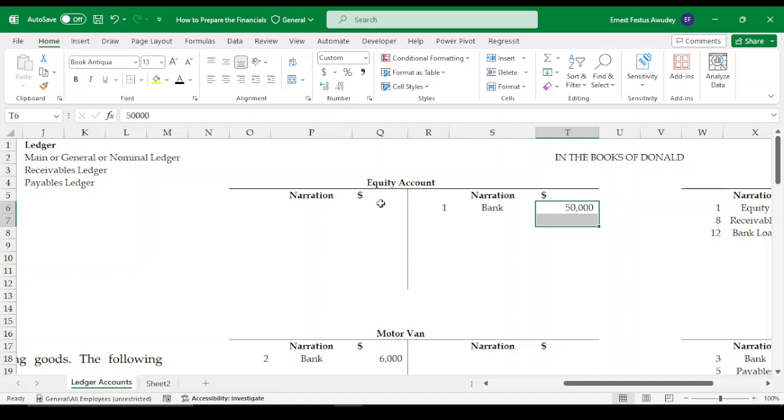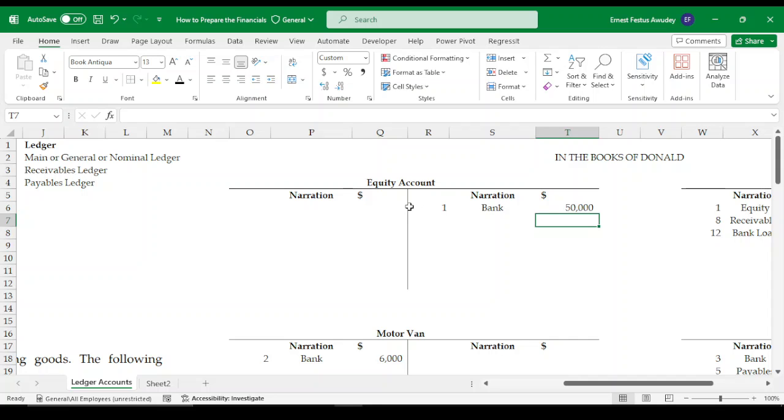So we'll calculate the total for our debit column, and we are talking about the amount columns only. We are going to calculate the total amount of the debit side and the total amount for the credit side. Then we are going to use the side with the highest total as the total for both sides.